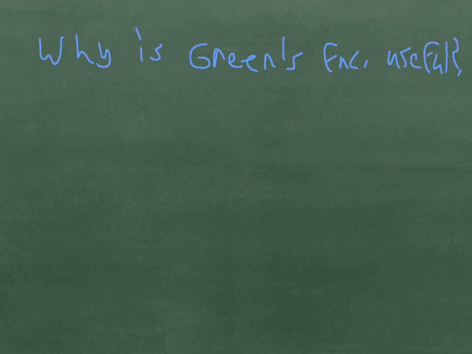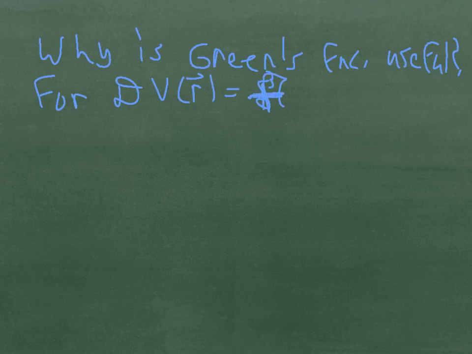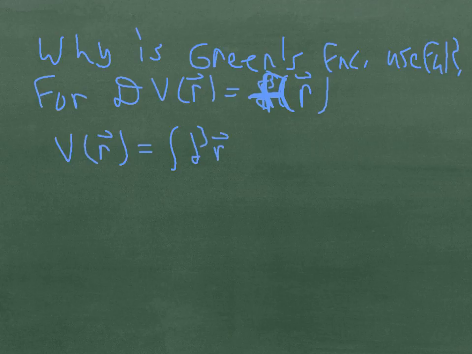Our claim is that for the same differential equation we had before, D V of r equals some function f of r, the solution is V of r equals the integral d cubed r prime, G of r minus r prime, f of r prime.